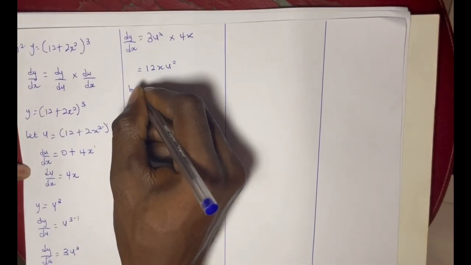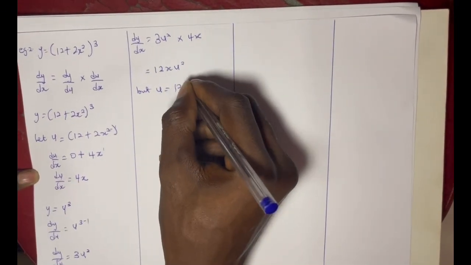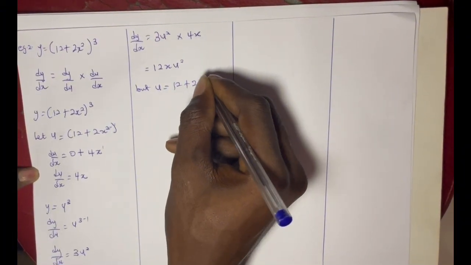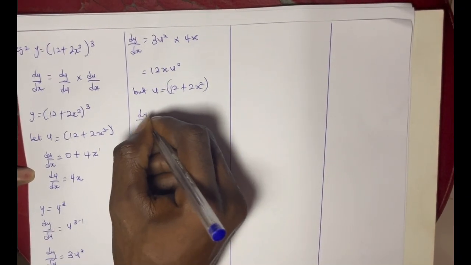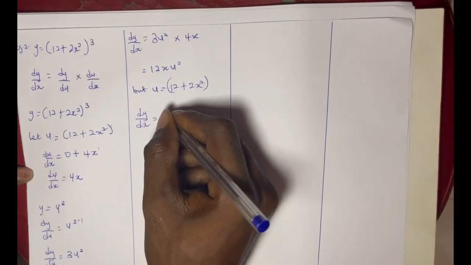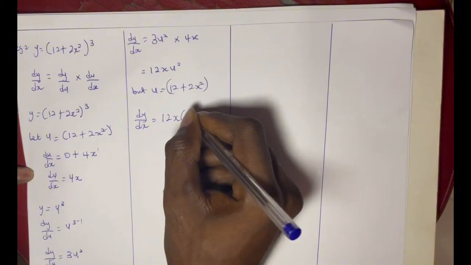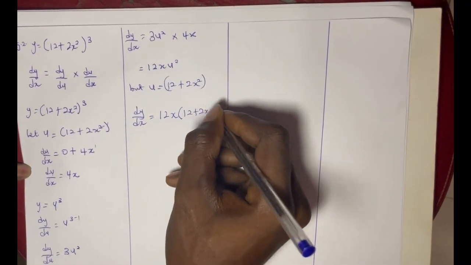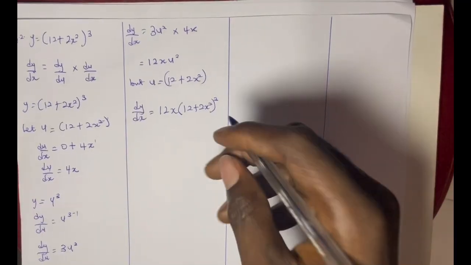But u was equal to 12 plus 2x squared. So therefore, dy/dx is going to be 12x into bracket 12 plus 2x squared, to the power 2. So this brings us to the end of chain rule.